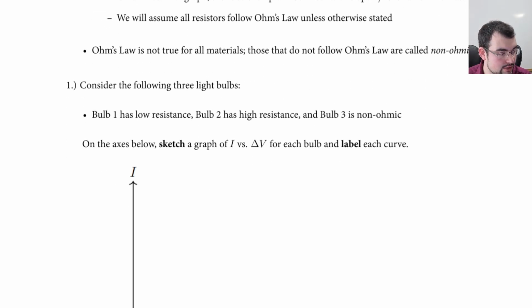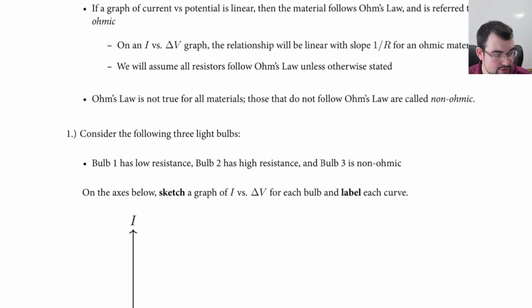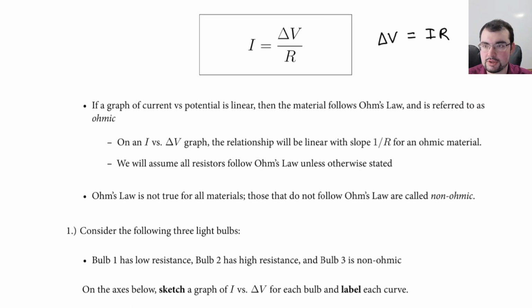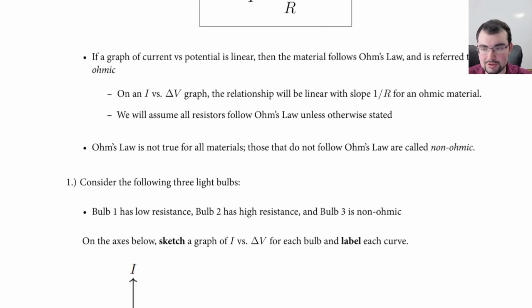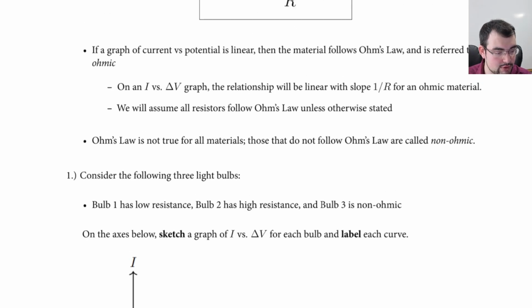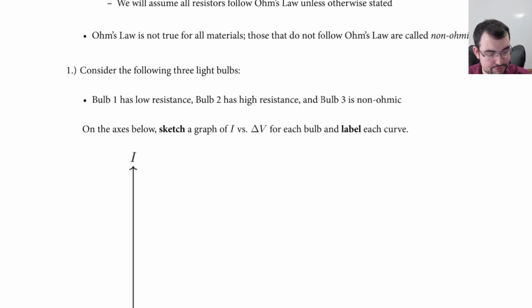Ohm's law isn't necessarily true for all materials. If it's not true for a material, you just call the material non-ohmic. We will assume that any resistor we encounter follows Ohm's law, unless it's the objective of the problem to test if it does or not, where you're looking for this linearity.